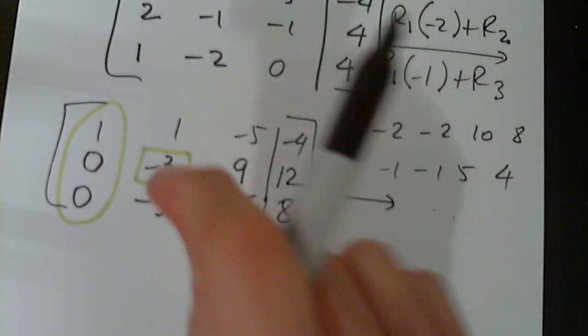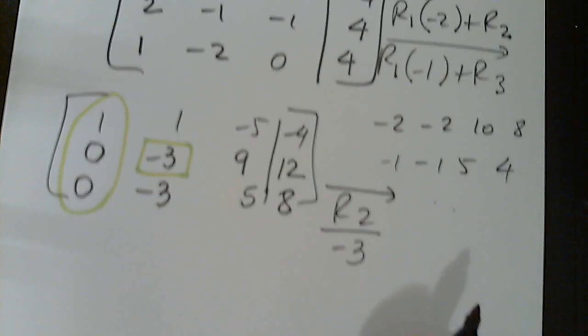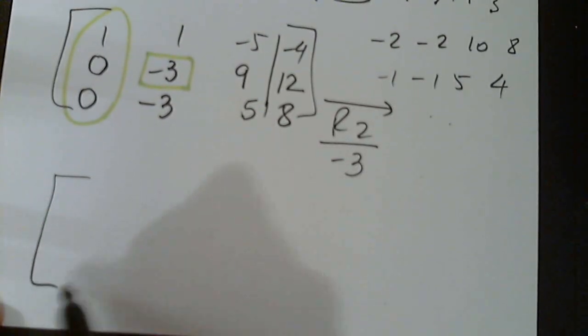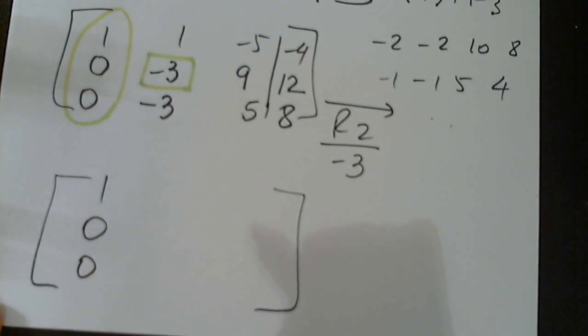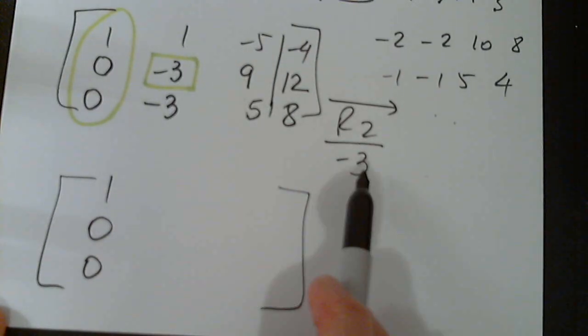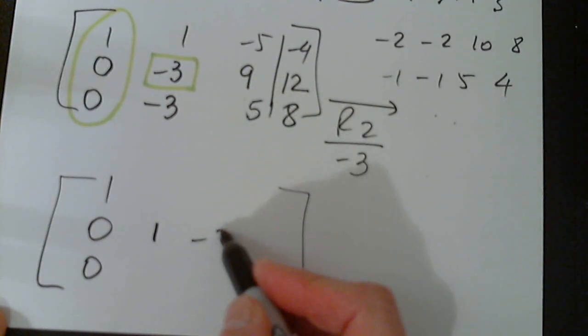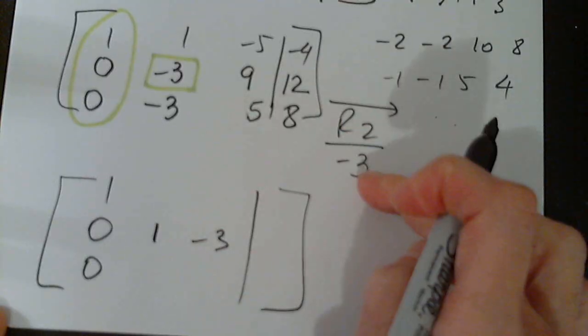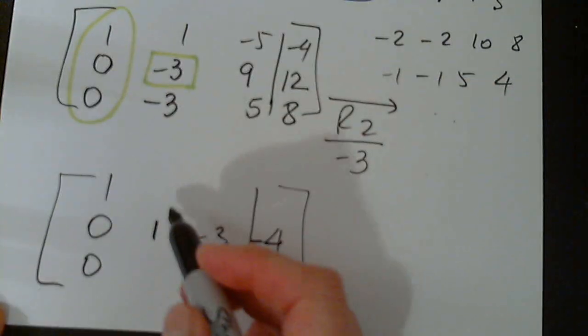By division? Yes, dividing row 2 by negative 3, indeed. You cannot destroy what you accomplished. So this divided by negative 3. This divided by negative 3. This divided by negative 3. I have to copy the rest.